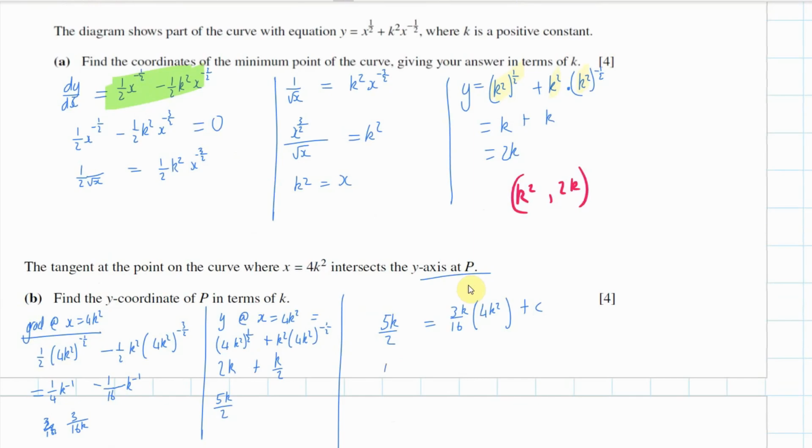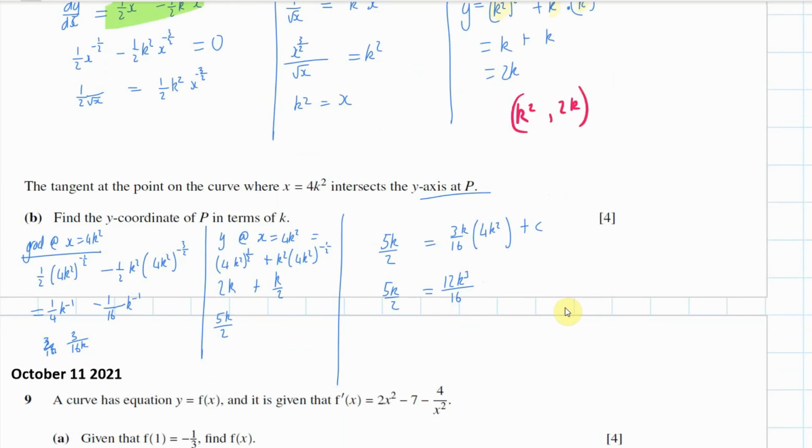So 5k over 2 equals, what do we get? 12k cubed over 16, and plus c.